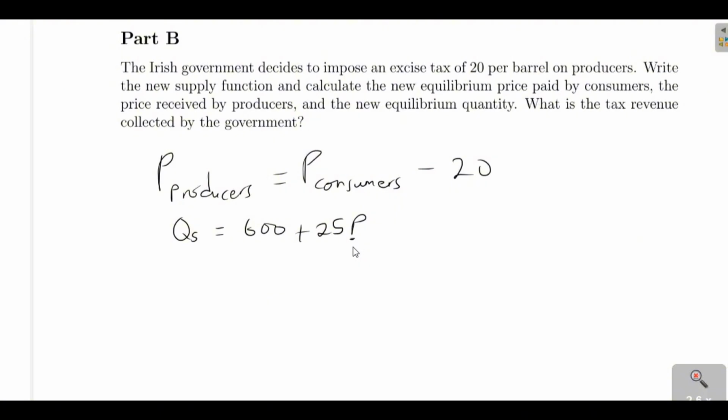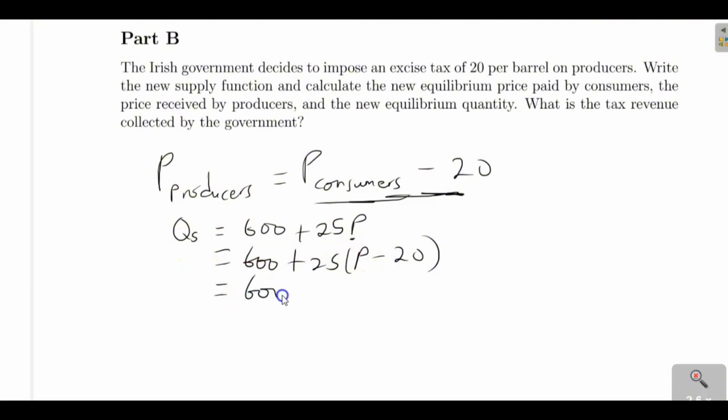So what we are going to do is substitute P minus 20 wherever we see P. And so we are going to have 600 plus 25, then we open a bracket, P minus 20, because the price that the producers are going to receive will be that of the consumers minus the tax. Alright, so let's break this down.